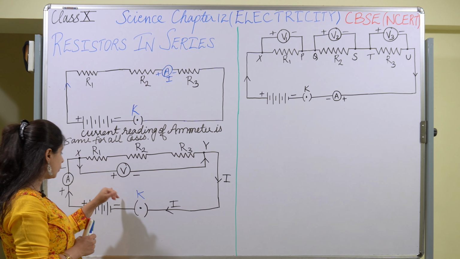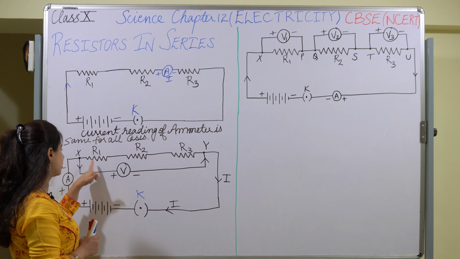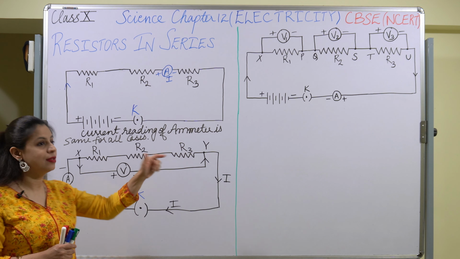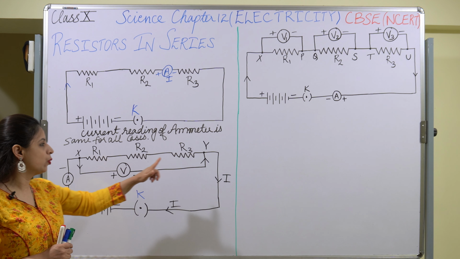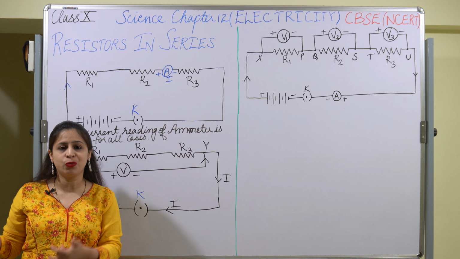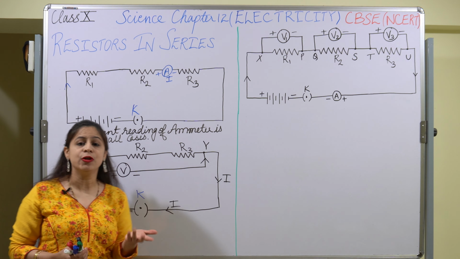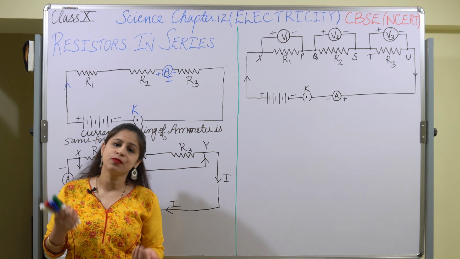Now, the resistance values are also different. All the three resistances, R1, R2 and R3, are different. Again you can take 1, 2, 3, 10, 20, 30 ohms. It's up to you, but the three resistances should be of different values.